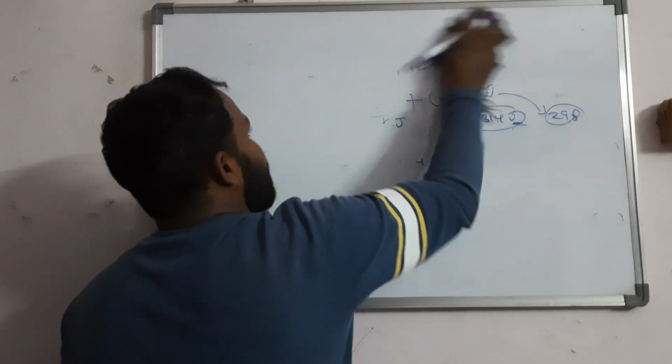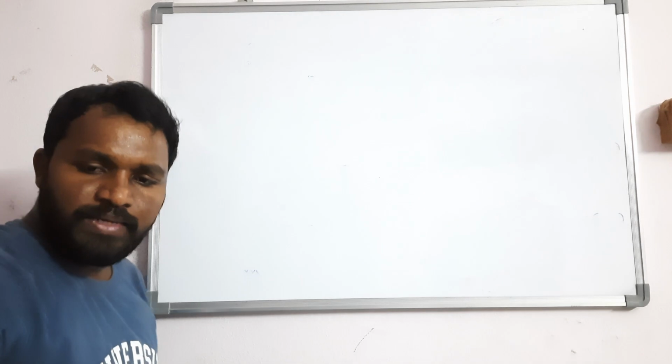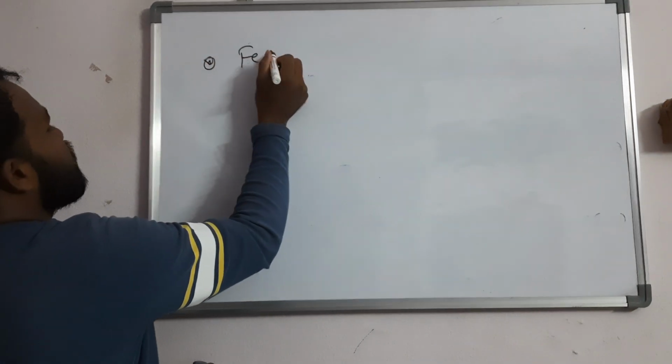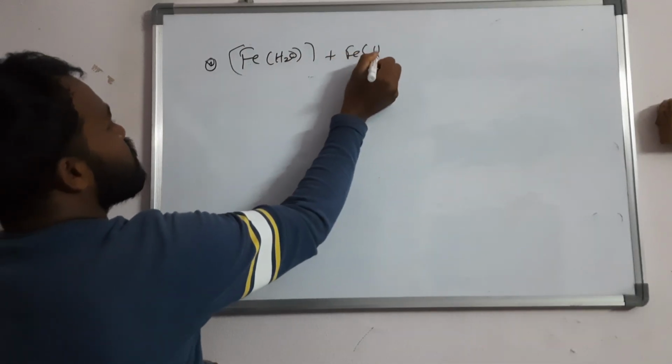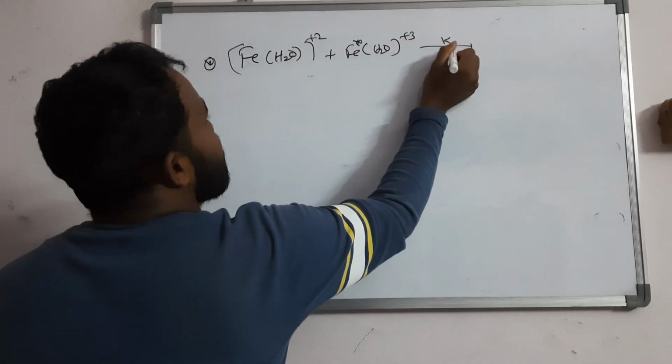Next question. They asked about the outer sphere mechanism. The question is like this. Fe(H2O)6 plus 2 reacting with Fe(H2O)6 plus 3, the rate is K11.